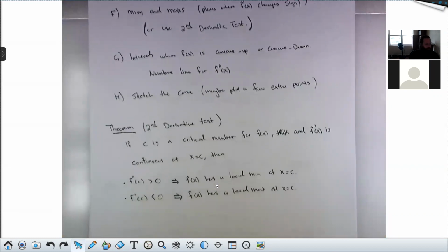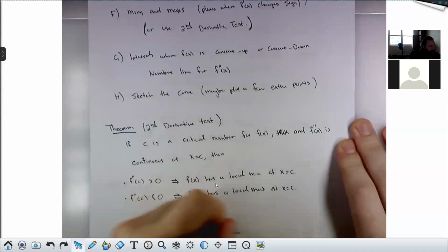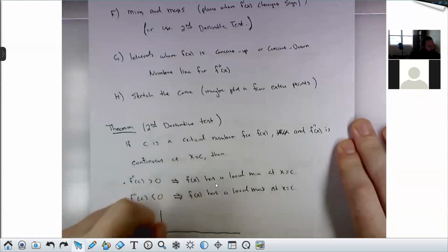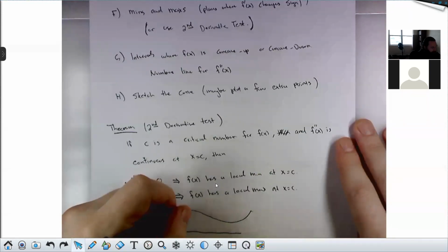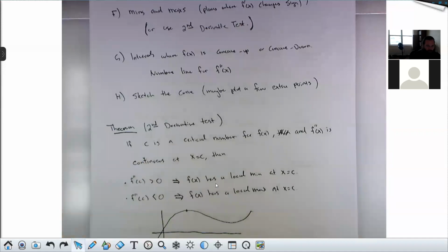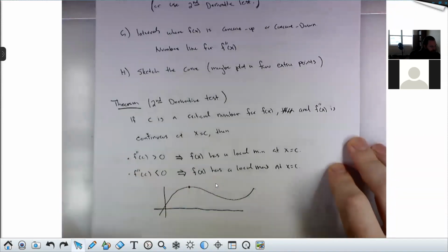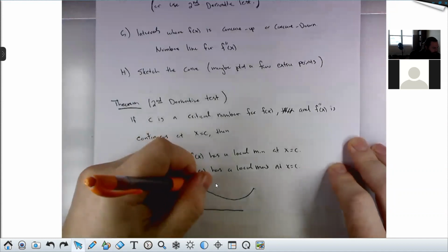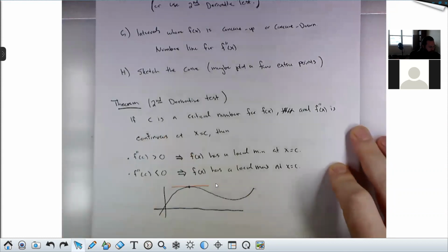The idea here is that if you have a critical number, that means that this is like a horizontal tangent line or something like that. So here's your horizontal tangent line. If this is the graph of f that we're looking at right here, this is the graph of the original function.